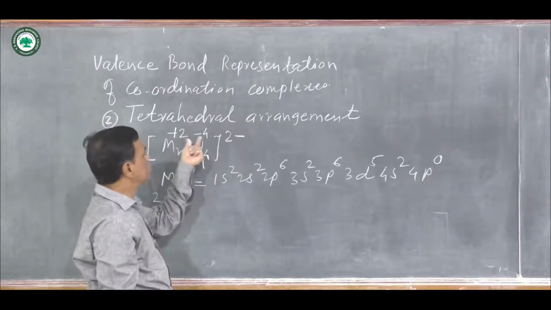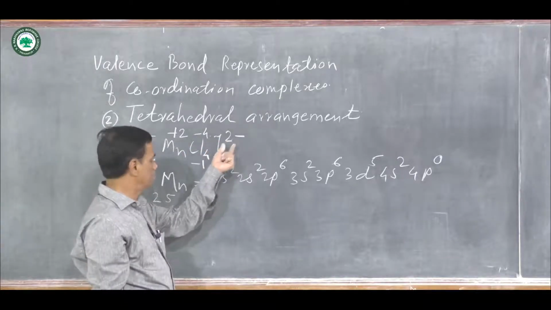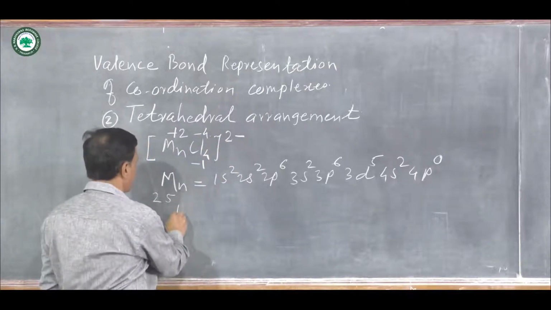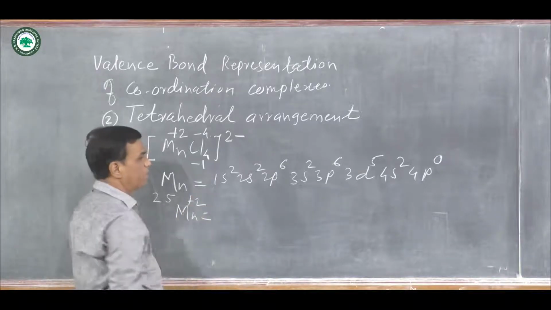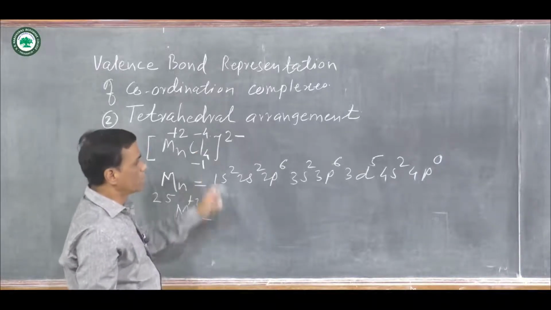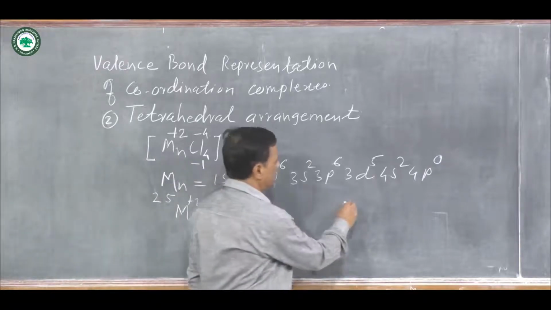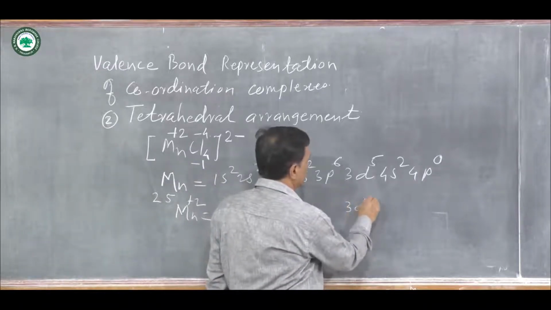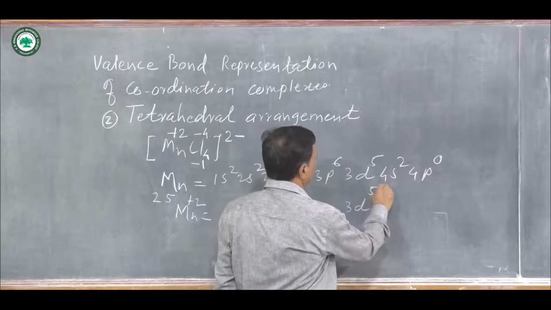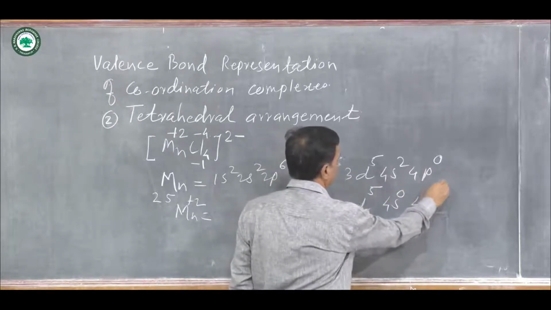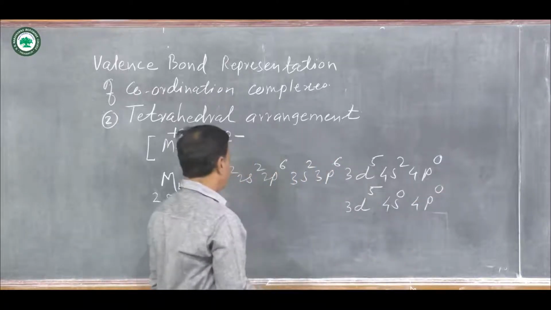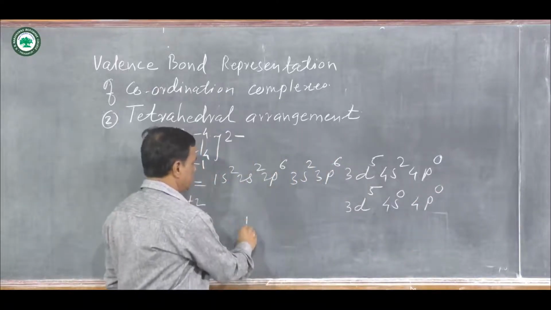Therefore the charge on manganese is equal to +2, and for +2 charge there is a loss of 2 electrons, and here the ground state electronic configuration is 3d5, then 4s0 and 4p0. By box diagram it is represented.